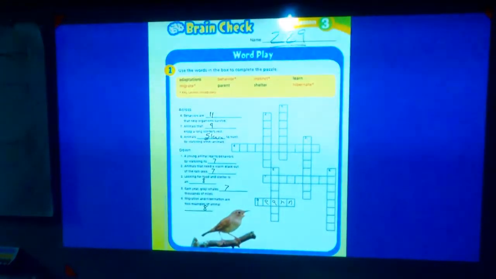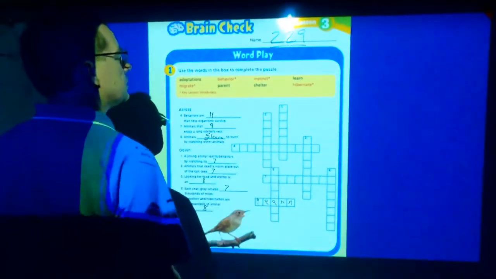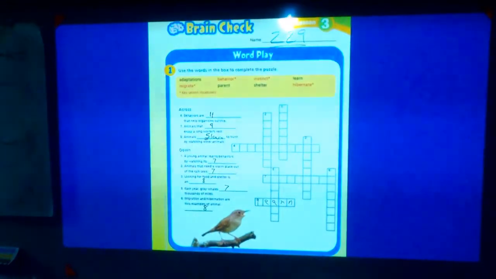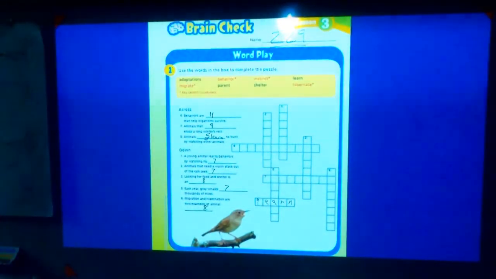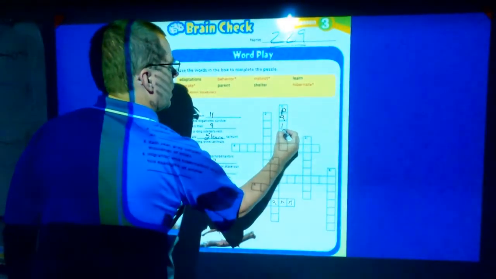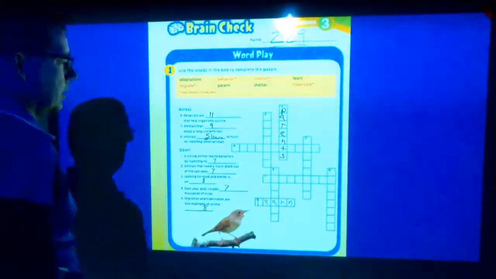Well, it's got to be the right one, because that's what you learn. Well, there's only 6 letters and there's 7 slots. Very interesting. That is the right answer, though. It is the one that goes there. So we'll put an S on the end.